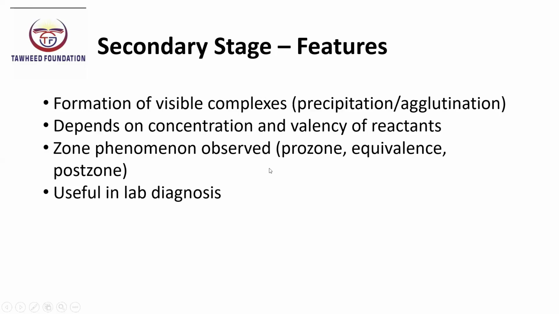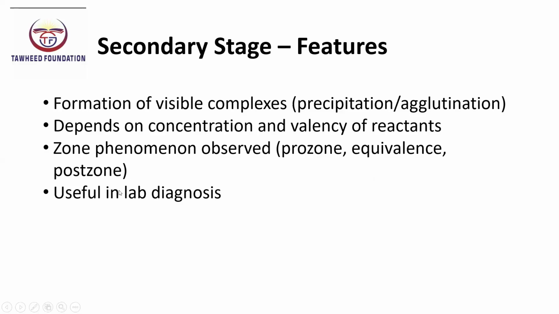An important concept here is the zone phenomenon, which describes how reaction outcomes vary depending on antigen and antibody concentration. In the prozone, that is antibody excess, no visible reaction occurs because every antigen is covered by antibodies. In the equivalence zone, optimal proportions lead to maximum lattice formation and visible precipitation.